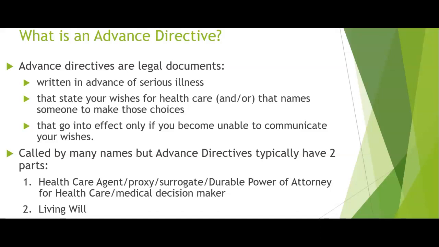And in even other states, because every state is slightly different, it's called the durable power of attorney for healthcare. I like medical decision maker. And then there's a second part to an advance directive, and that would be the living will.